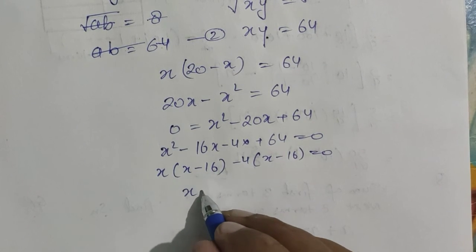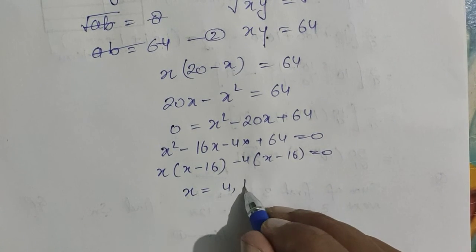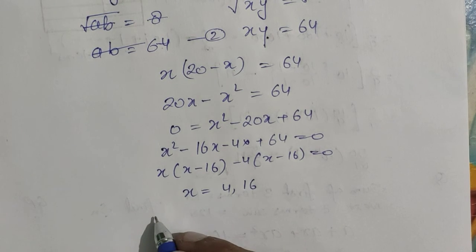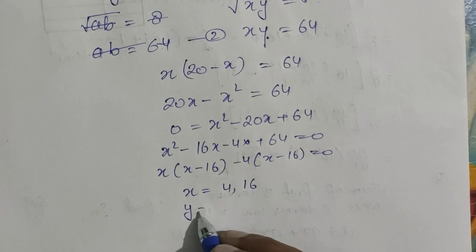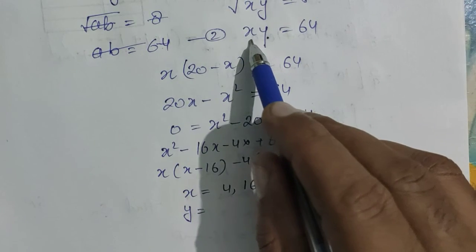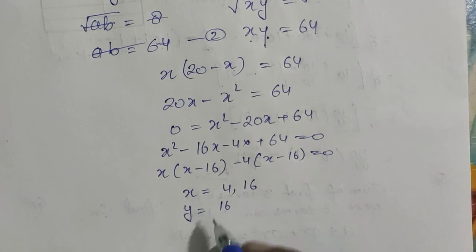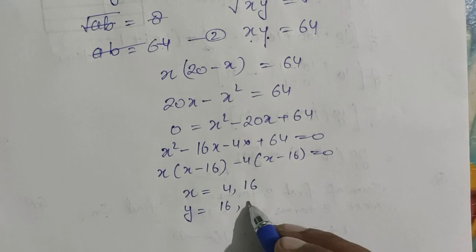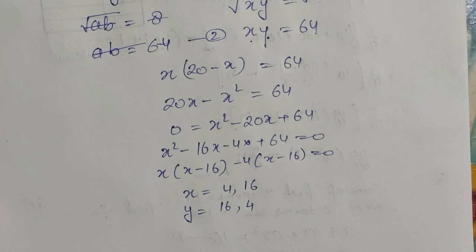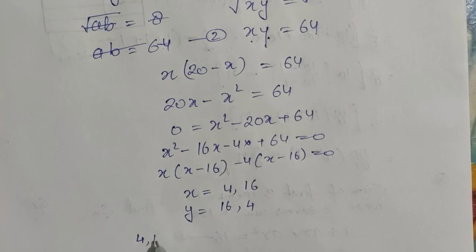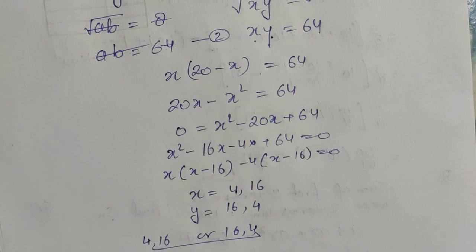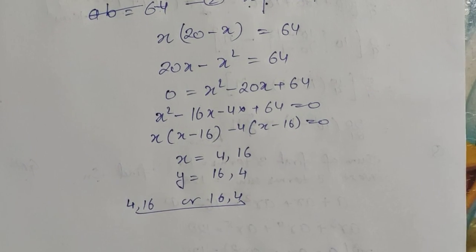That gives us x as 4 or 16. When x is 4, y will be 16. When x is 16, y will be 4. So the two numbers could be either 4, 16 or 16, 4. These are the two numbers.